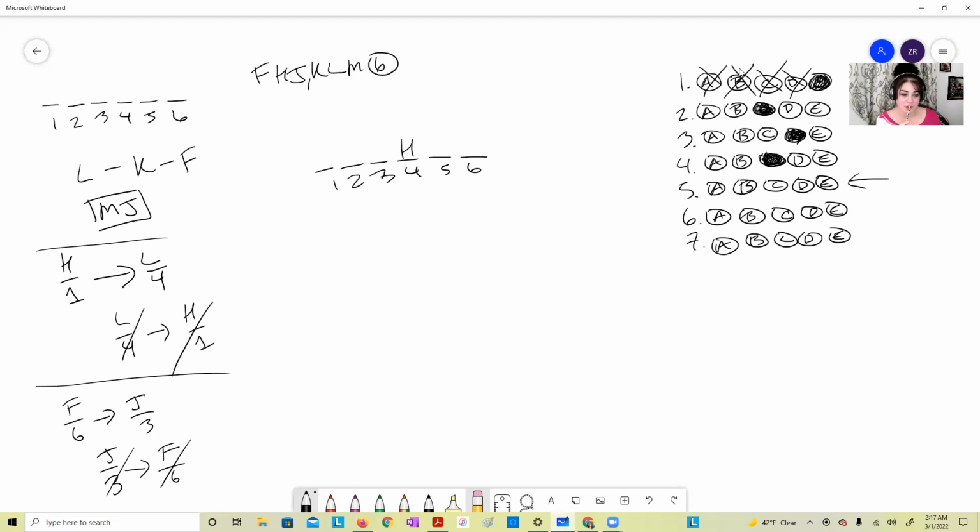So I'm first looking at my conditionals, and none of them get triggered. It says if H is 1, well, H isn't 1. If L is not 4, I mean, L isn't 4, but our conditionals aren't going to come into play here. They're not going to matter.